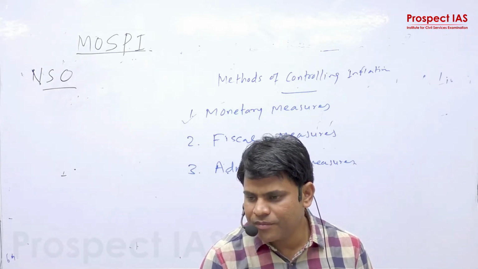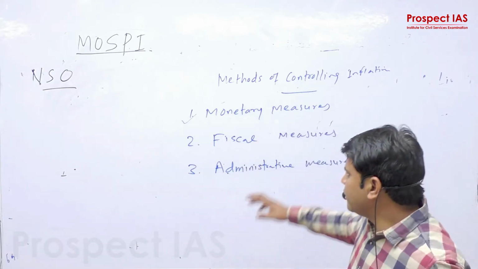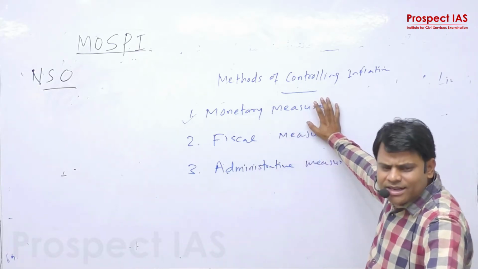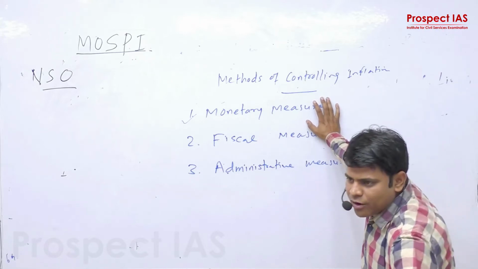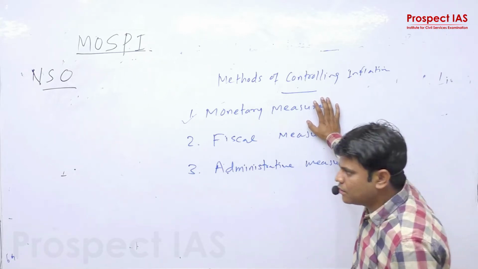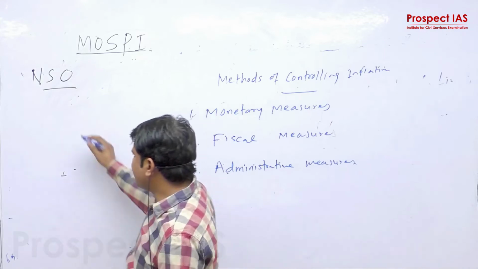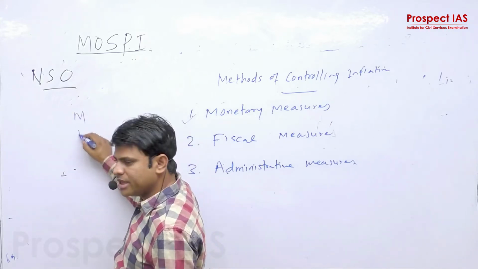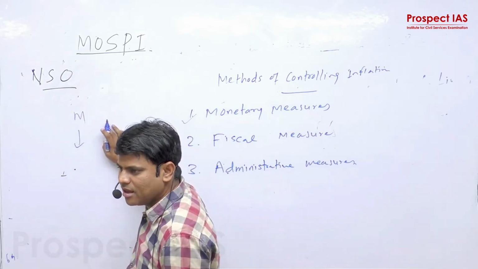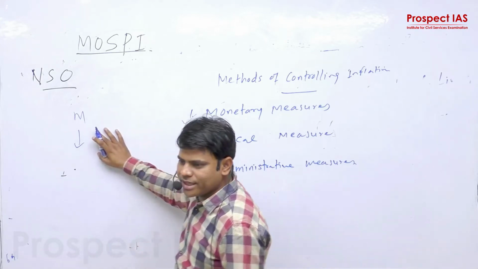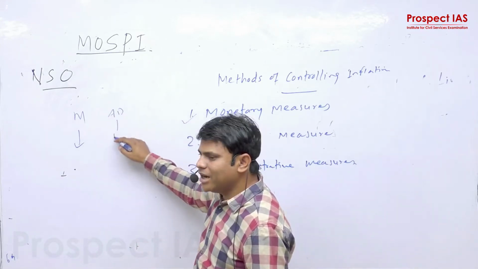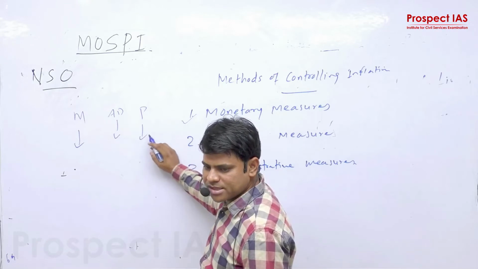ठीक है? So these are points related to monetary measures. We have already discussed what exactly Reserve Bank of India does, na? So under monetary measures, Reserve Bank of India reduces money supply to control inflation, because when money supply is reduced in the economy, that will cause aggregate demand to reduce, and finally this will bring down the prices, right?